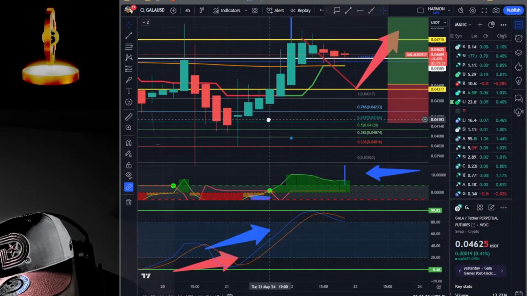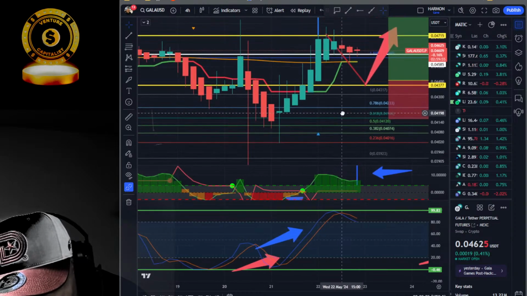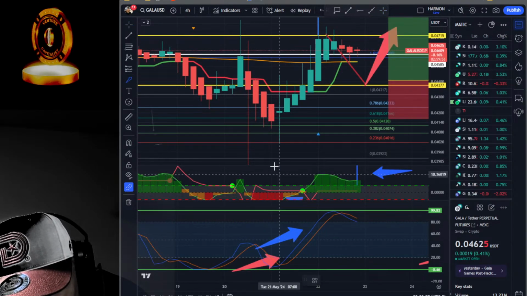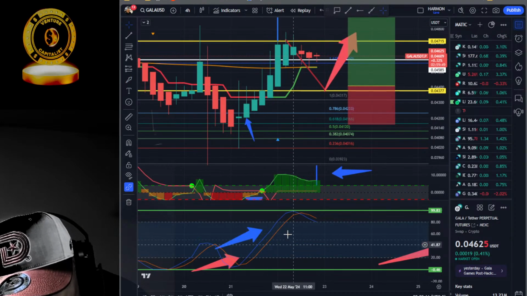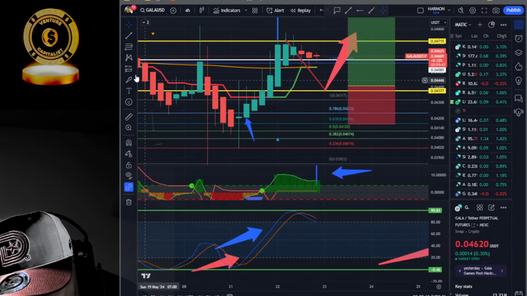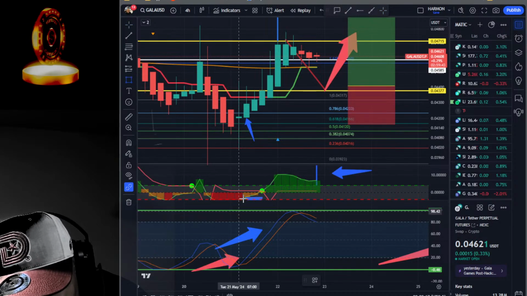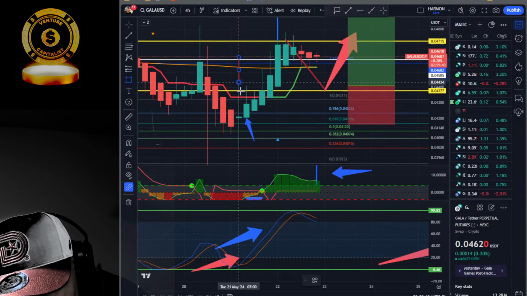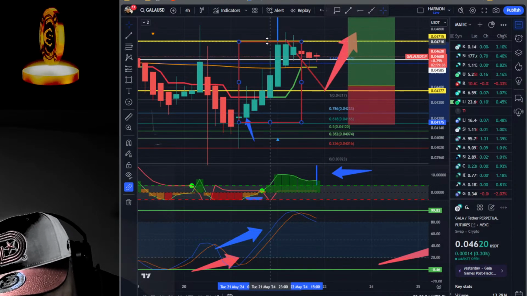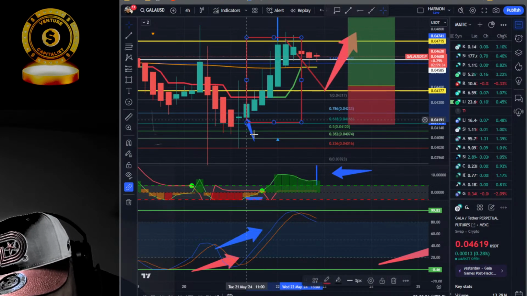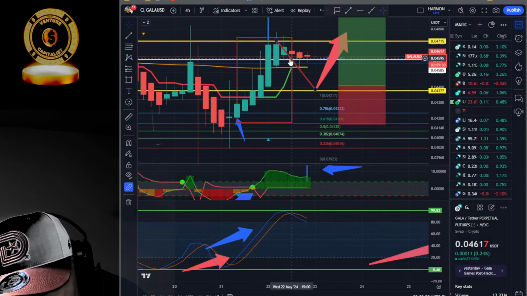So buying right in this area on this 4 hour crossover would have been our first trade, and that would have brought us into this little hot zone right here. If you had the indicators set up and you trade off our 4 hour strategy, you can see here that the crossover happens here. The thing about this is we haven't even gone to a 4 hour red moon here. So this trade here, you would actually be holding.